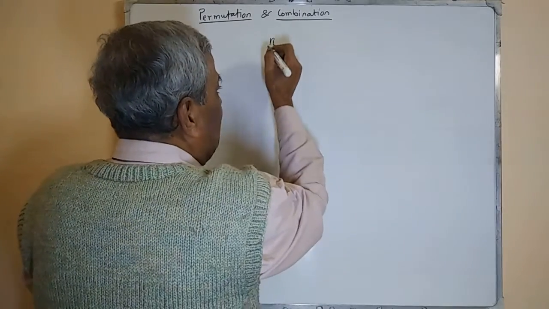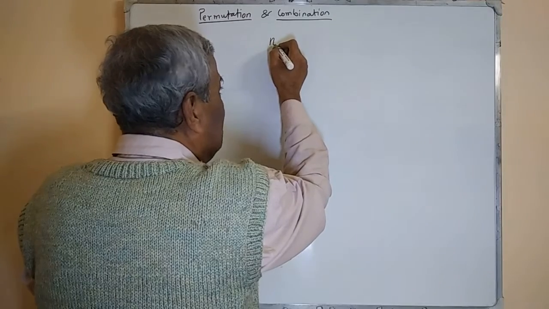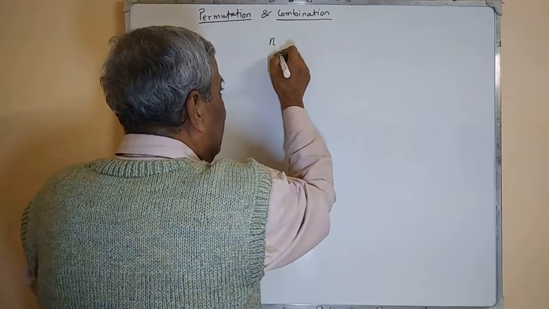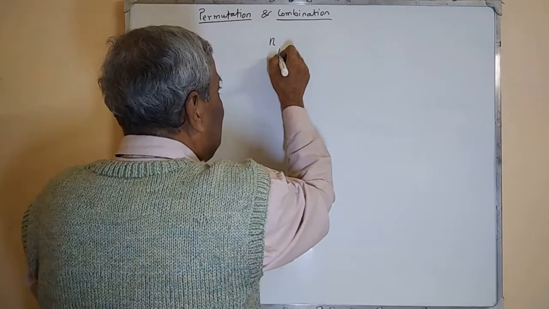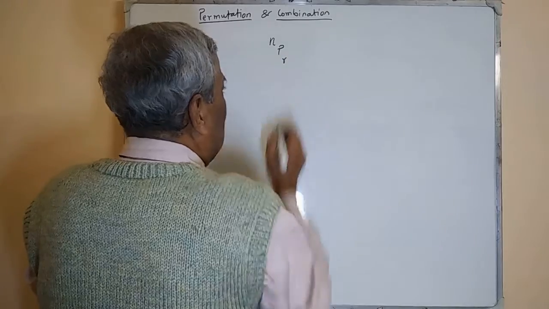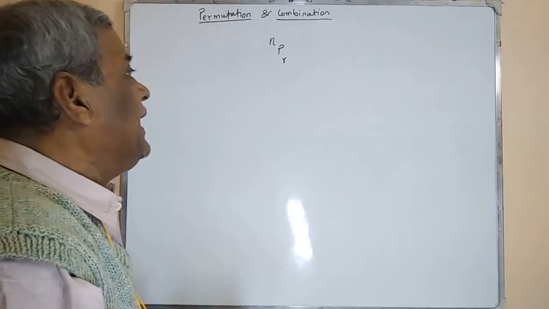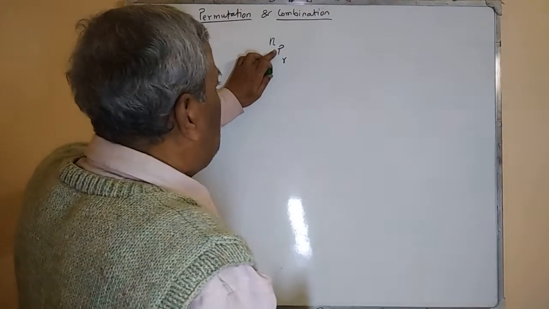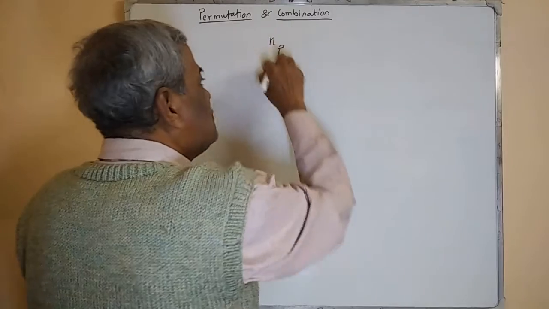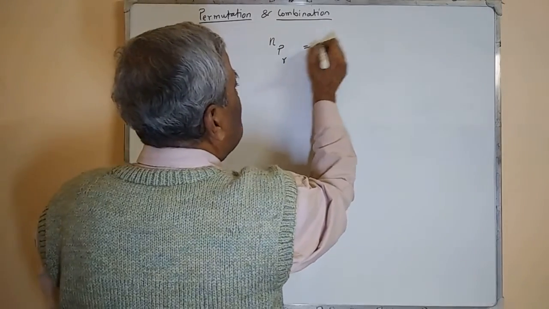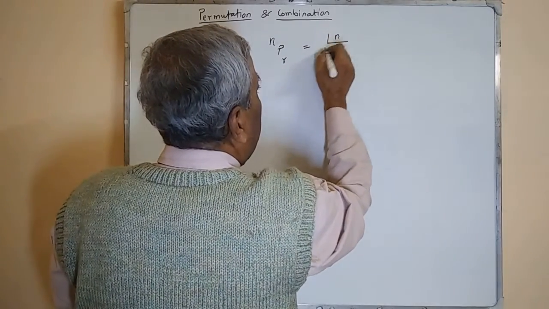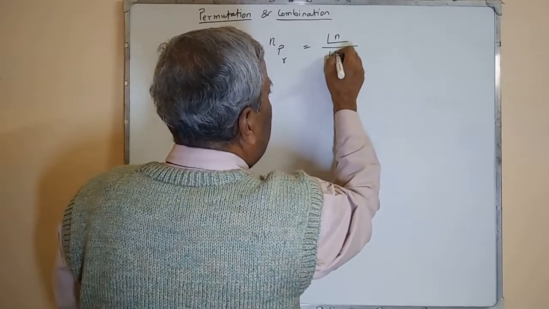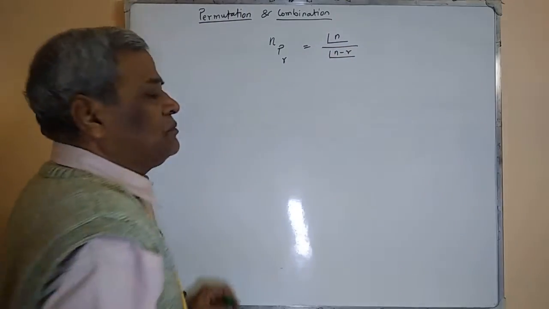For permutation, out of n given objects, the number of permutations is this notation nPr. P stands for permutation and it is a symbol. Its formula is factorial n by factorial of n minus r.